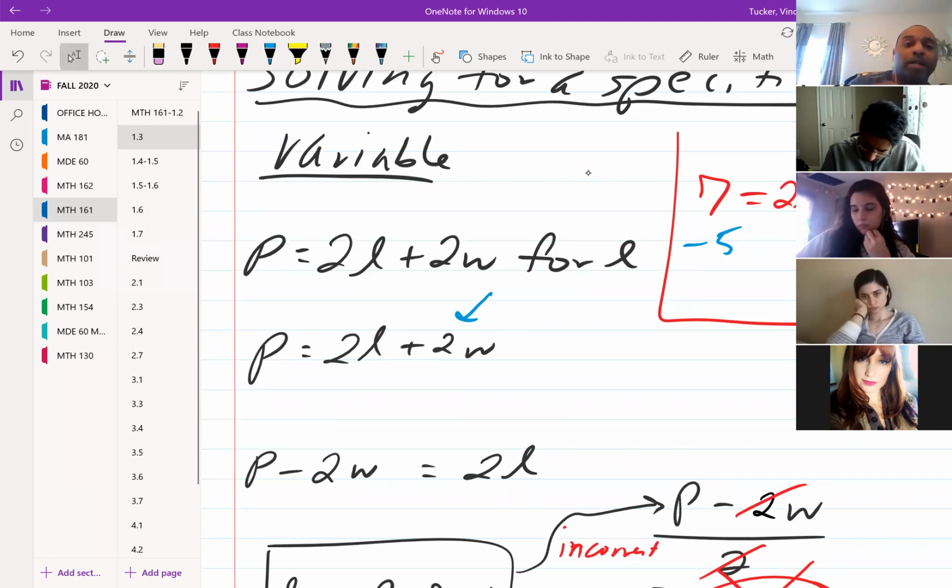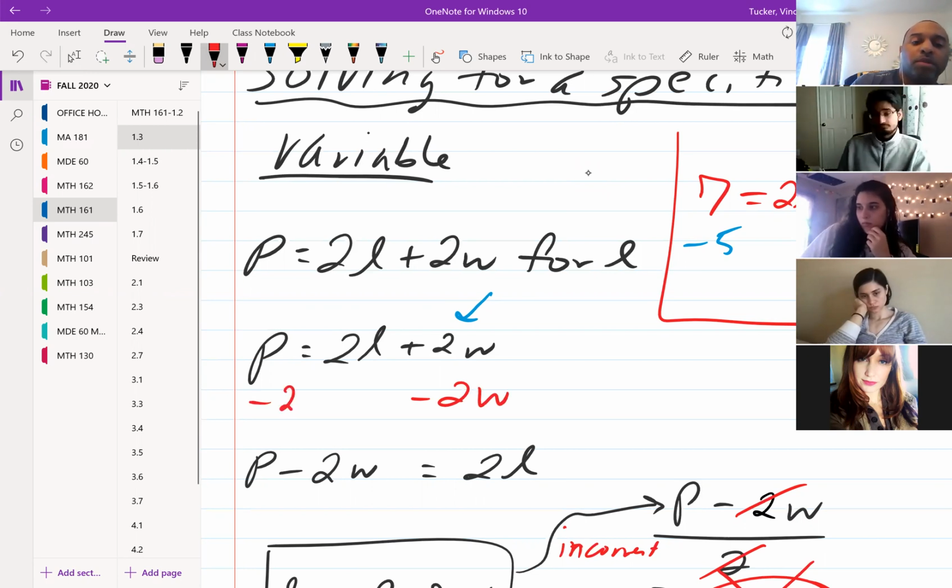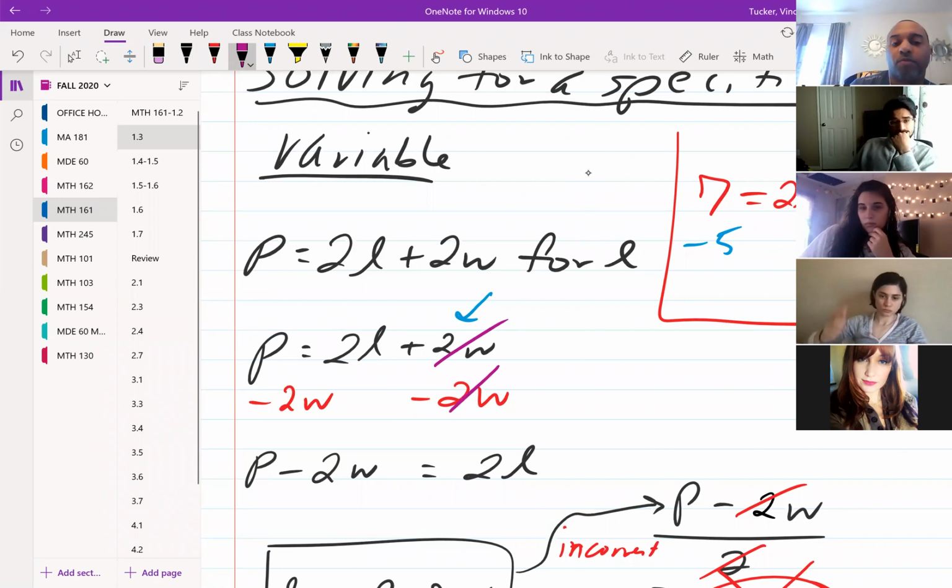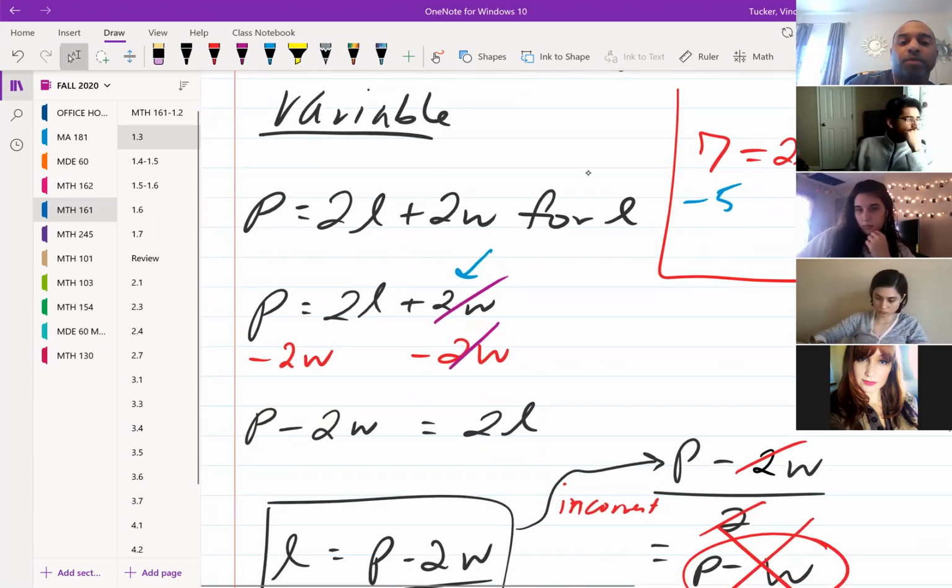I want to get L by itself, so I'm going to subtract 2W from both sides. 2W will cancel on the right, and on the left, I have P minus 2W equal to 2L. I cannot combine those. They are not like terms. So P minus 2W is all I can do with that.